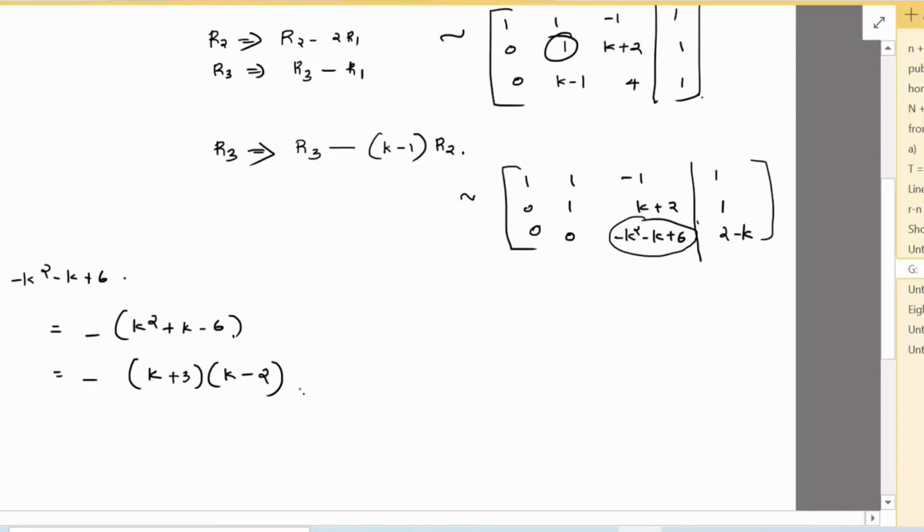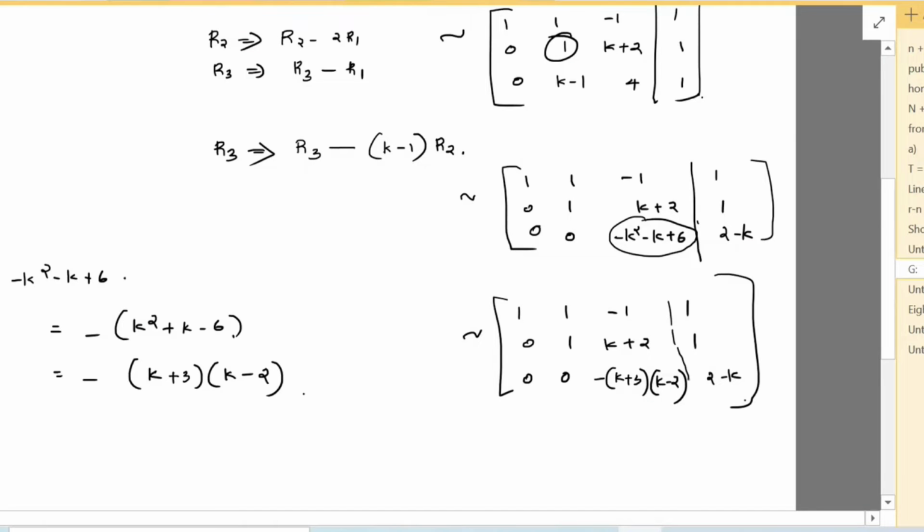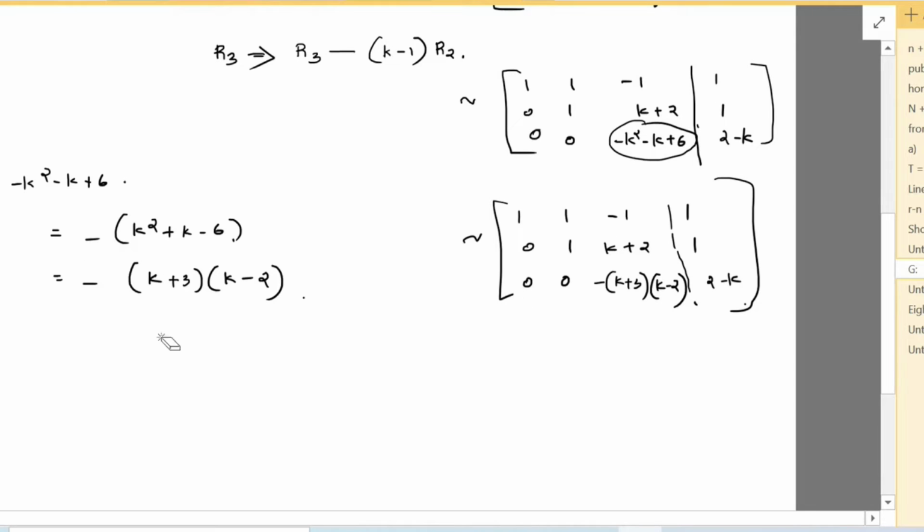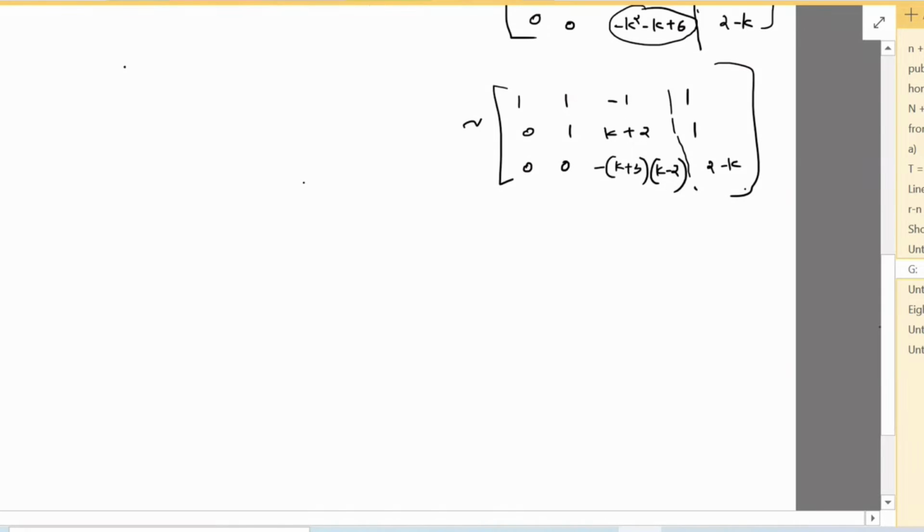So this matrix is 1 1 minus 1 1, 0 1 k plus 2 1, 0 0 minus of (k plus 3)(k minus 2), and the last element 2 minus k. Now this matrix is in echelon form, right? You can see that.